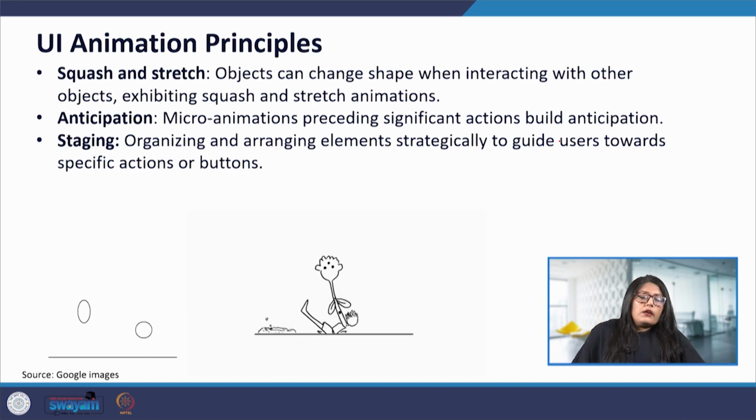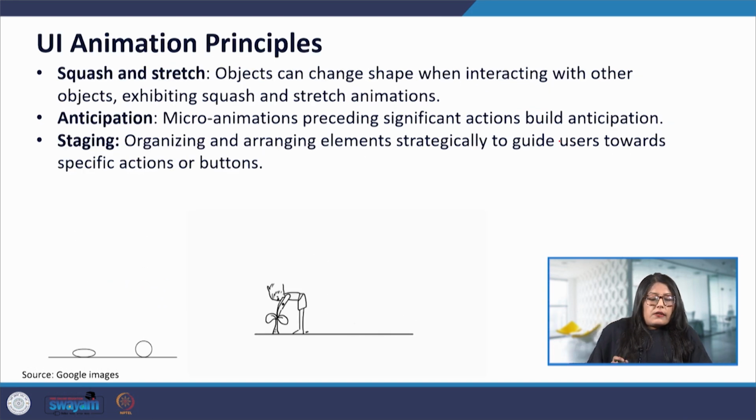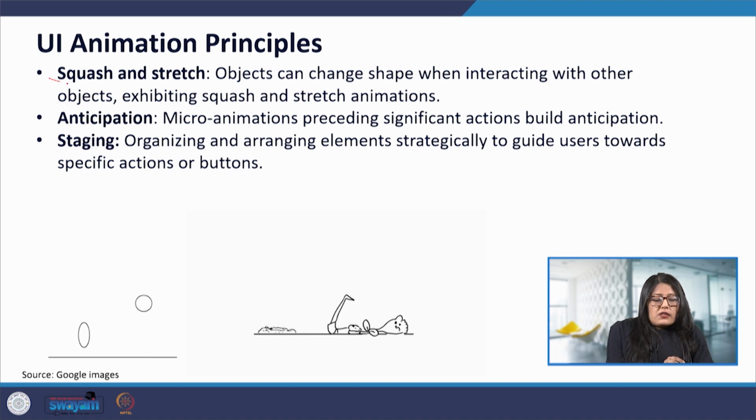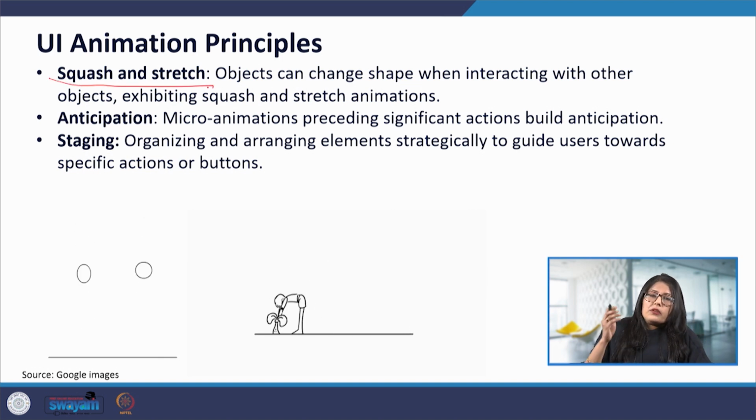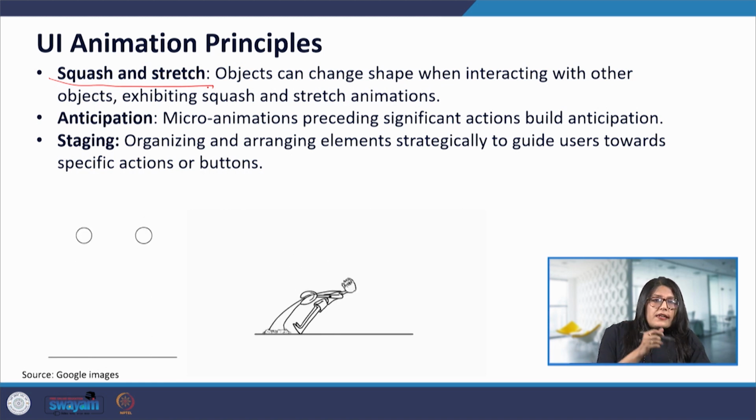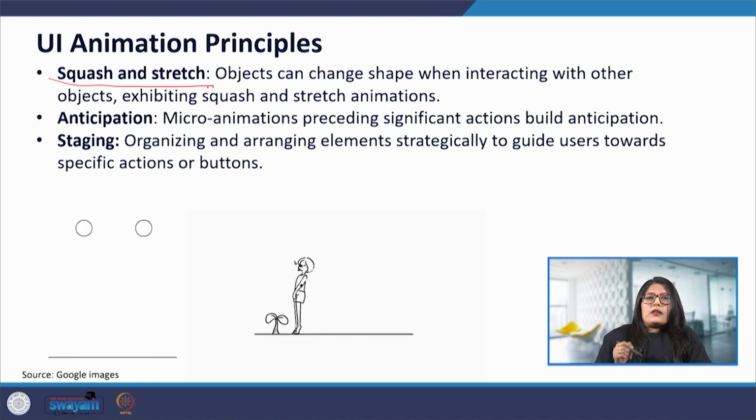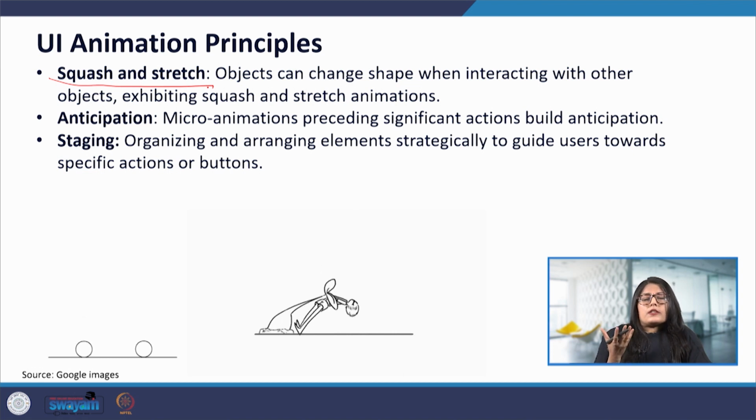Now, certain UI animation principles, like squash and stretch, change the shape of objects when they are interacting with other objects. Like this ball is bouncing, so it is not keeping its form, it is getting squashed, but it is again springing up.